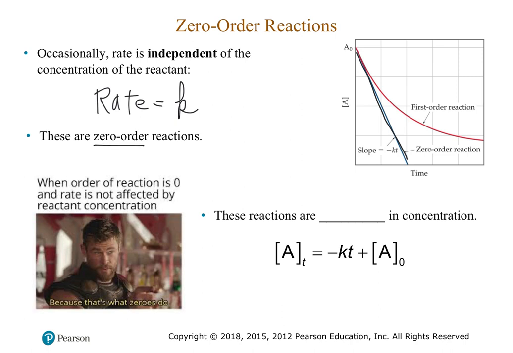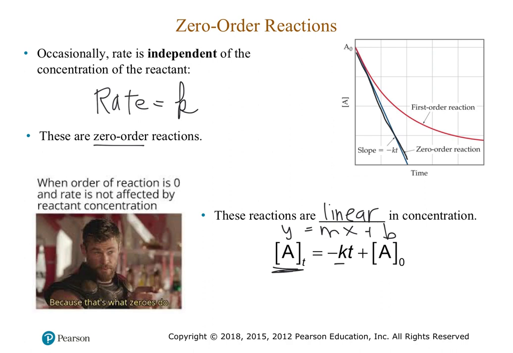These are linear with concentration, so we don't have to do any kind of rate law. We could just look at the graph and say, the concentration at any time is equal to negative the rate constant times time plus your initial concentration. So it literally just does follow a y equals mx plus b because it is a line already.